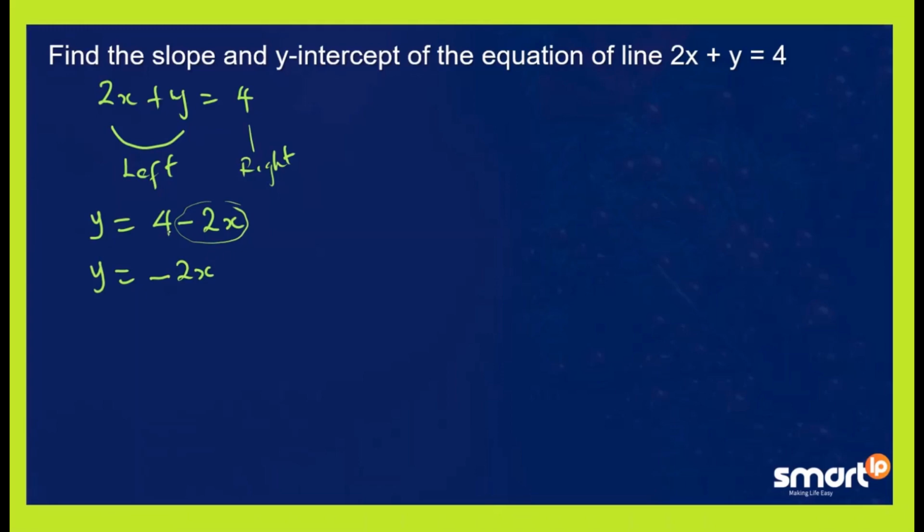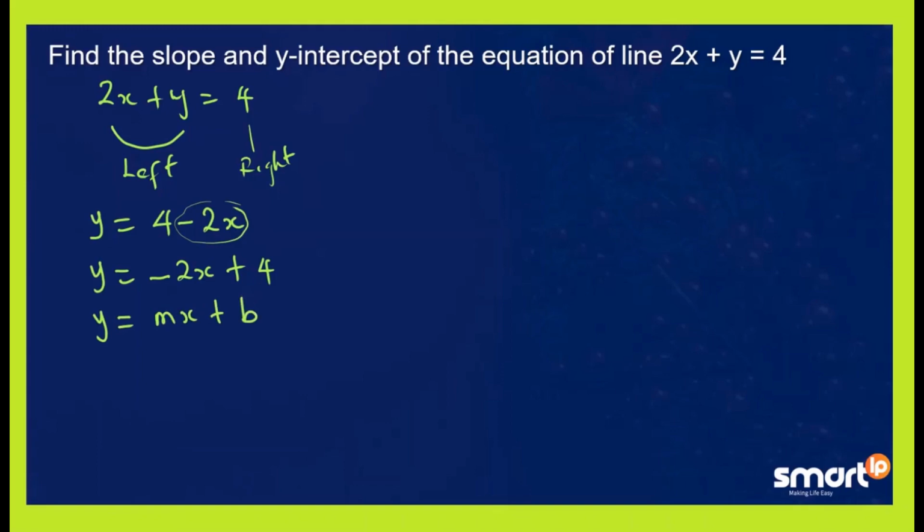Then the 4 is positive 4, so we write that as plus 4. So this is another way to write our 4 minus 2x. Okay, so what we've gotten now, we're going to compare with the equation of a line, y equals mx plus b.